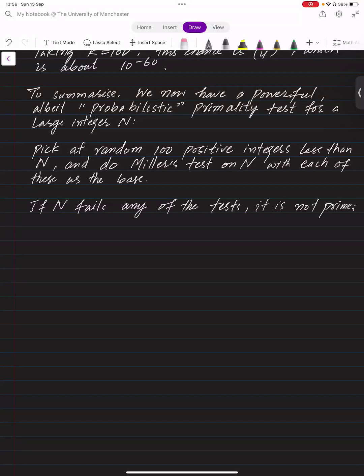And if it passes all of them, then n is almost certainly prime.